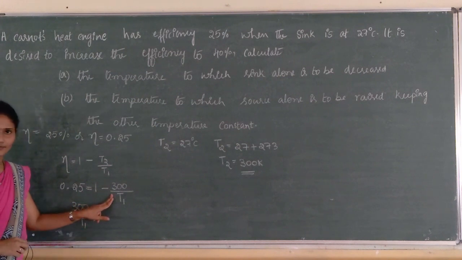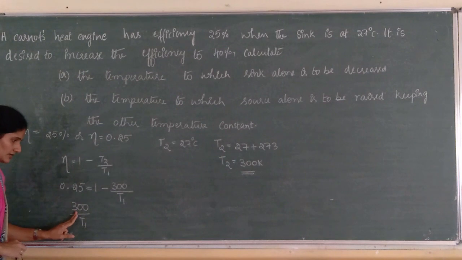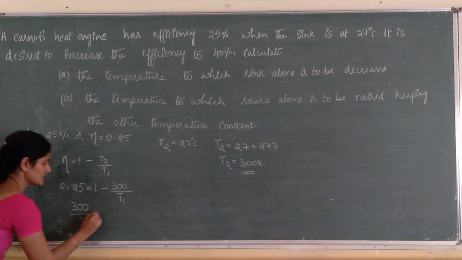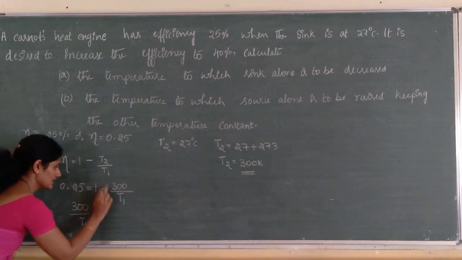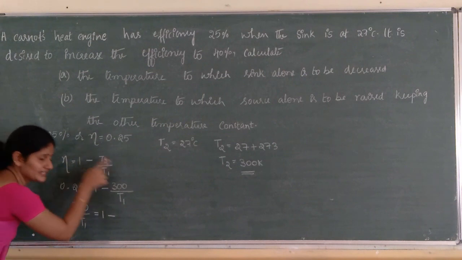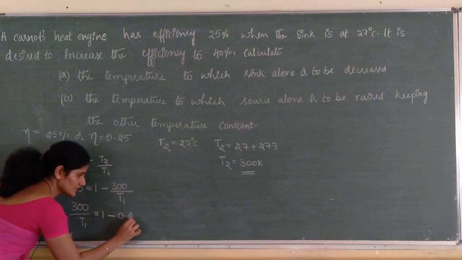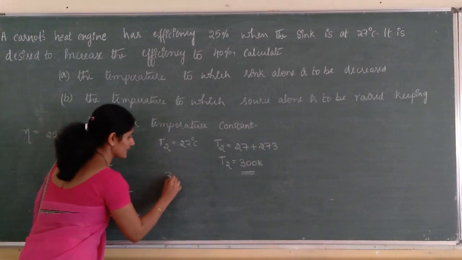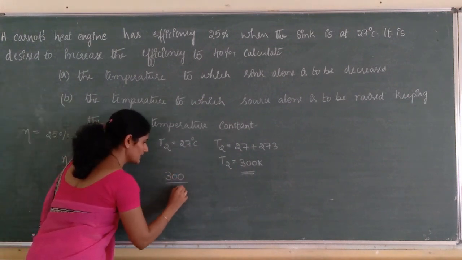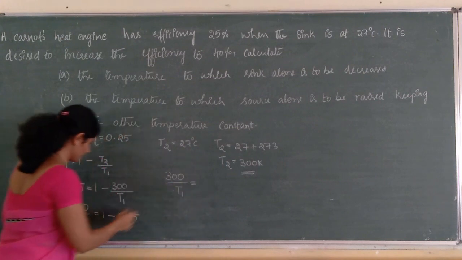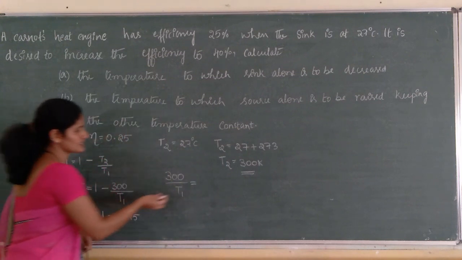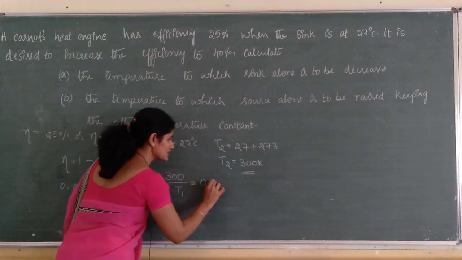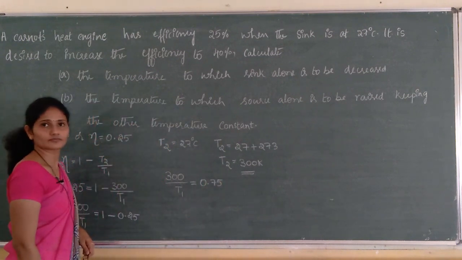So, minus 300 by T1, when it comes here, plus 300 by T1 is equal to 1 minus 0.25. So, 300 divided by T1 is equal to 1 minus 0.25, which is 0.75.